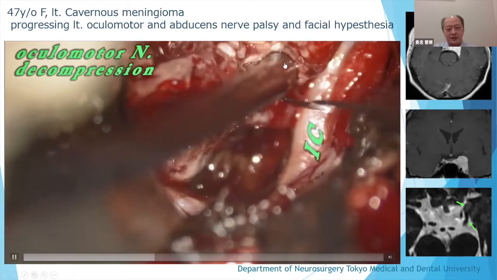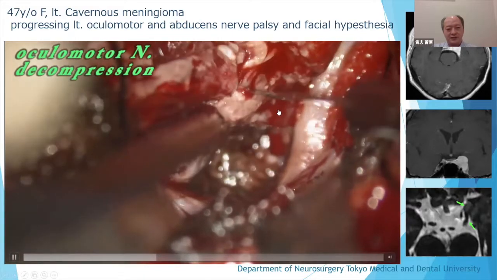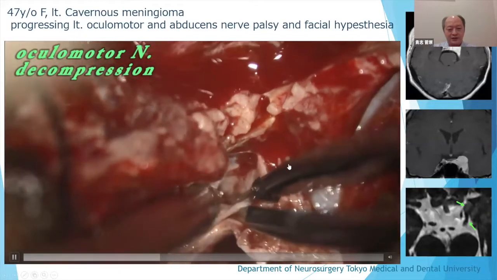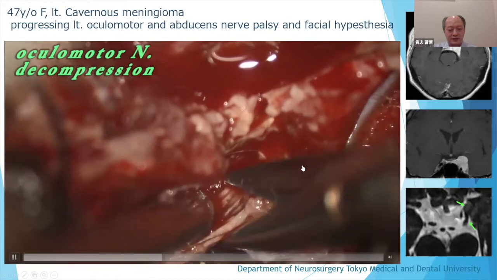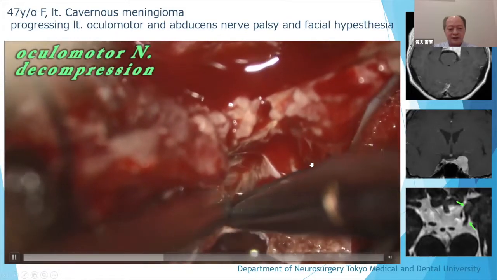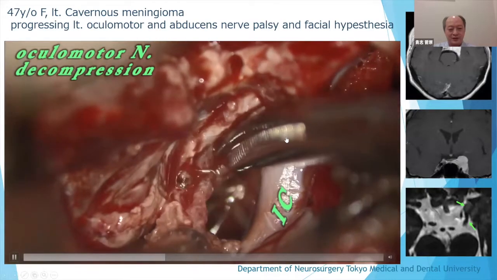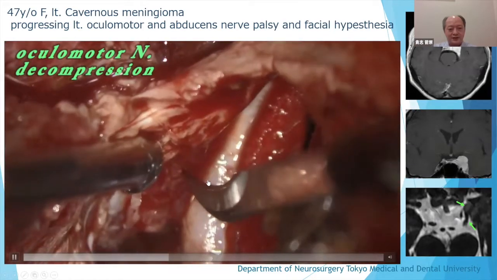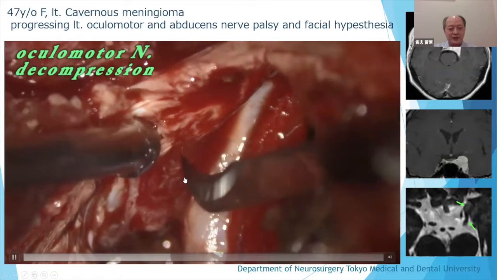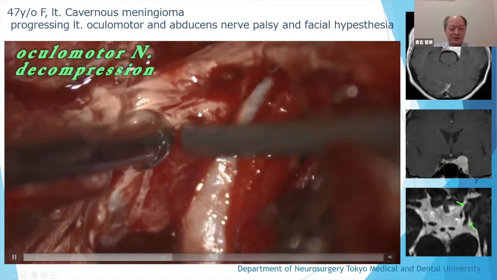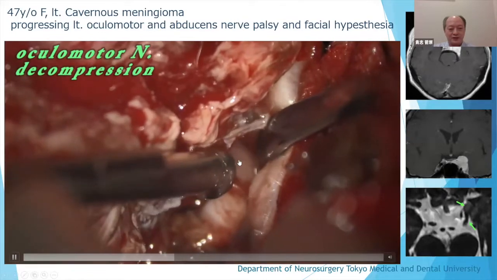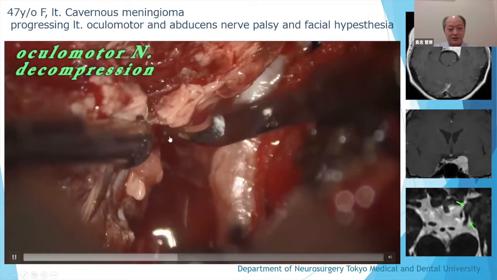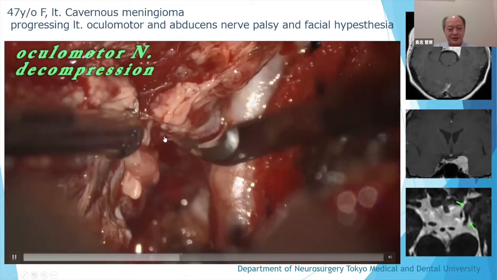This tentorium was thickened by the tumor, and cut the tentorium this way, and gently remove the tumor here. And then further open the oculomotor cave longitudinally with an oculomotor map this way. And here you can see the tumor in the oculomotor cave again.